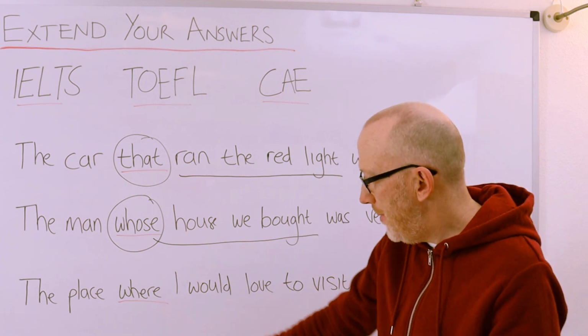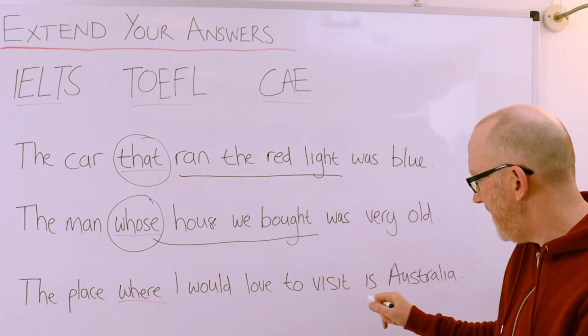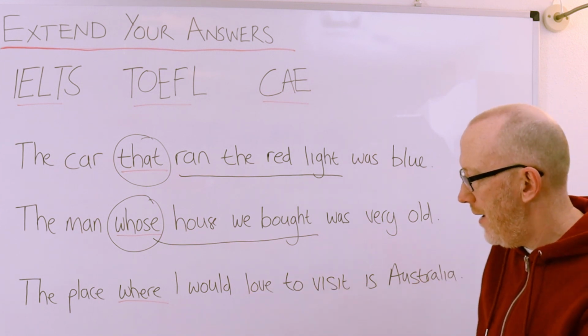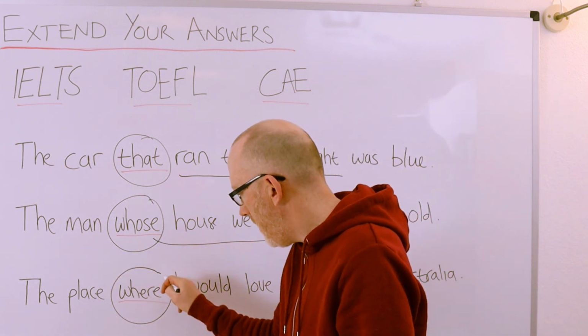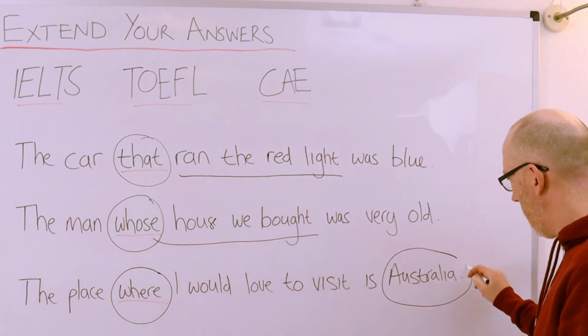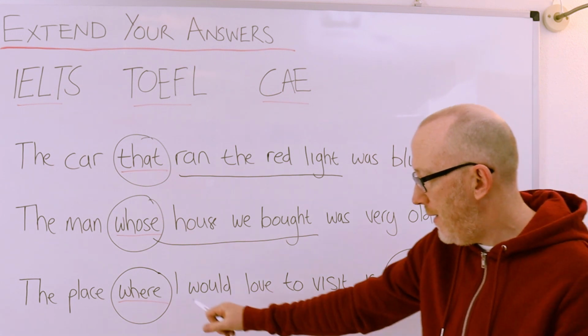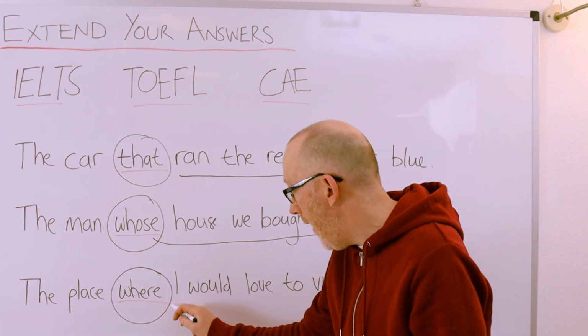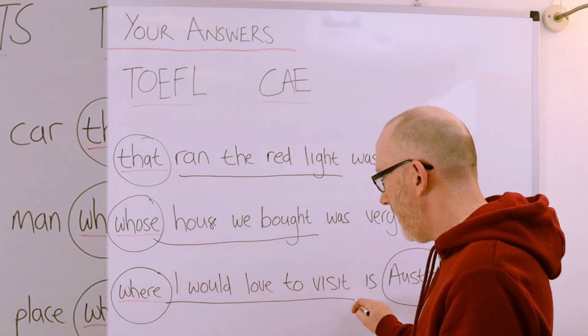Finally, the place where I would love to visit is Australia. Where, as you know, is used to describe locations. In this place, Australia. And we're using where to create an extra clause, which is saying where I would love to visit.